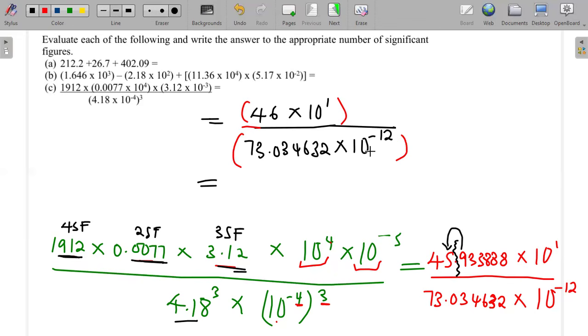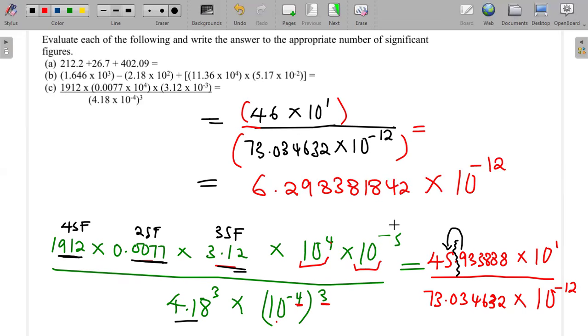Okay, so what I'm getting here is, let me write it down here, 6.2983818842 multiplied by 10 to the power 12. In fact, it's a power positive 12, not minus 12. Okay, so this is the answer that I get direct from the calculator.